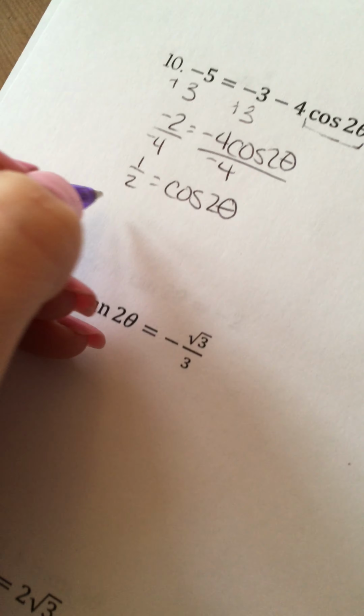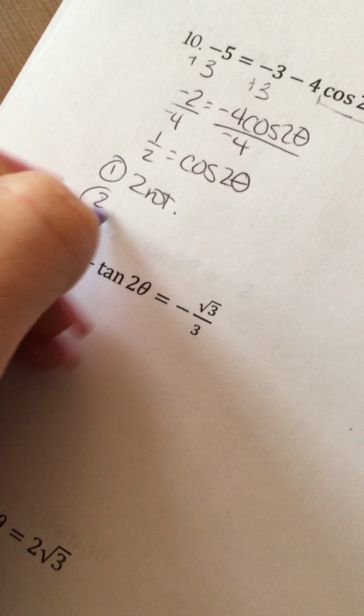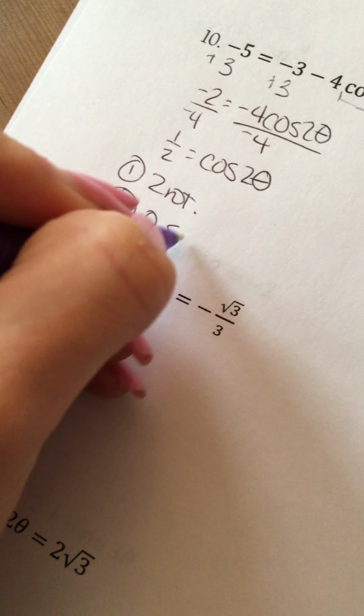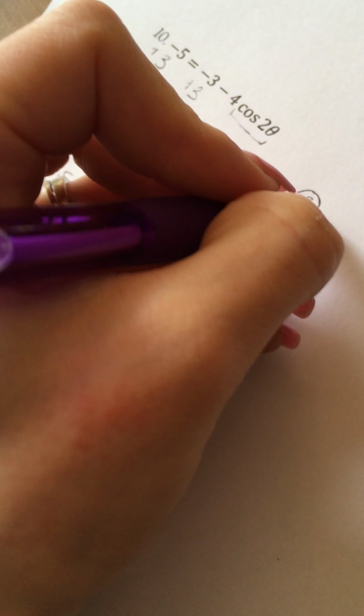This is the problem I'm going to work with. Two rotations. We're going to change the domain so that it becomes 0 to 2 theta to 4 pi. And then we're going to solve this problem. Okay, so I'm going to say cosine inverse of 1/2 is equal to 2 theta.